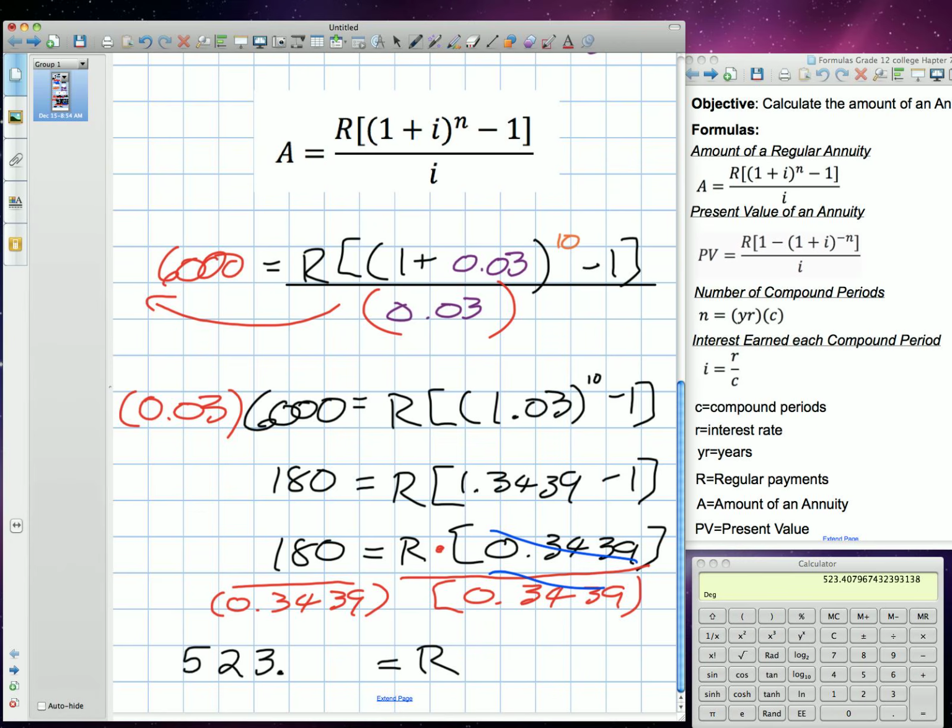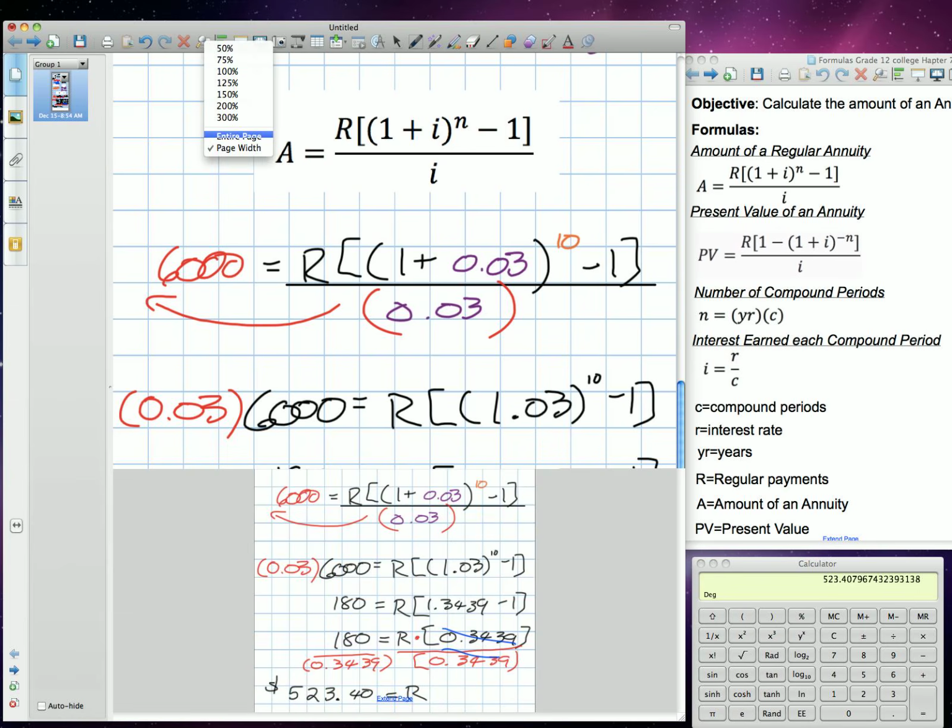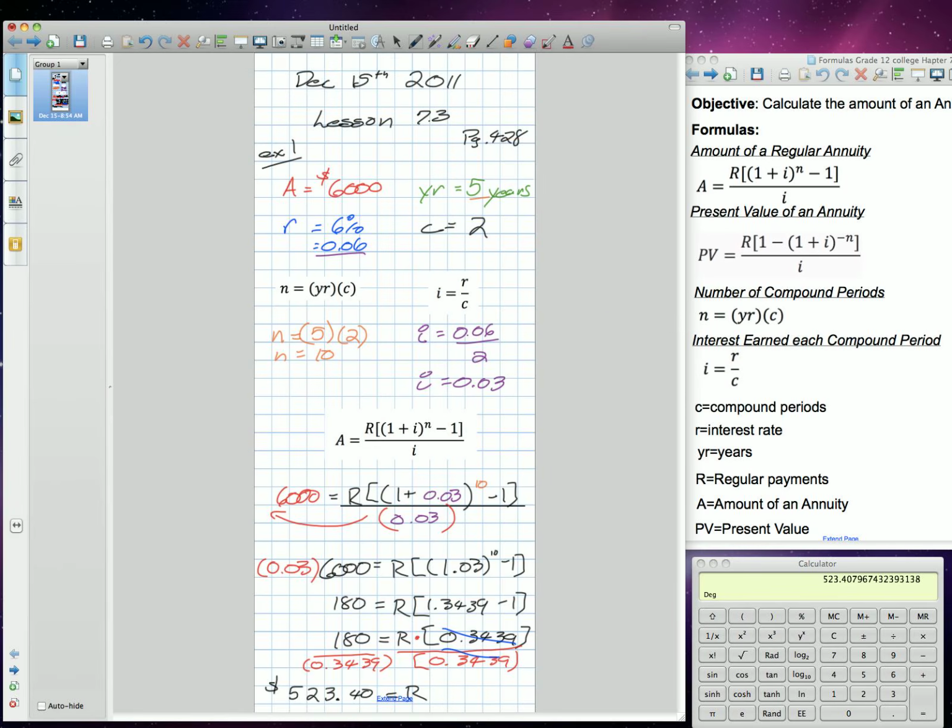Oh, 0.4, round it up. 0.40. So what they just told us here was, Brienne, in order to have $6,000 after 5 years, she needs to invest every 6 months $523.40. Okay? We're going to take this a little farther.